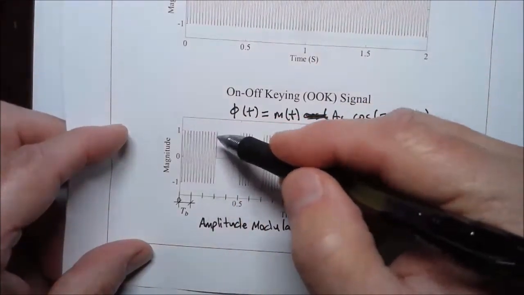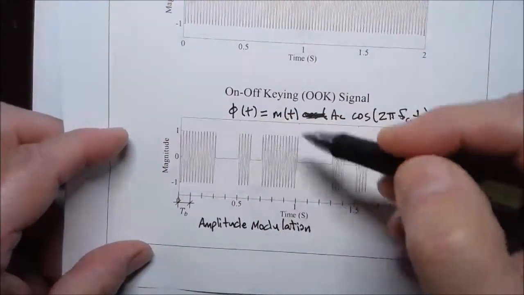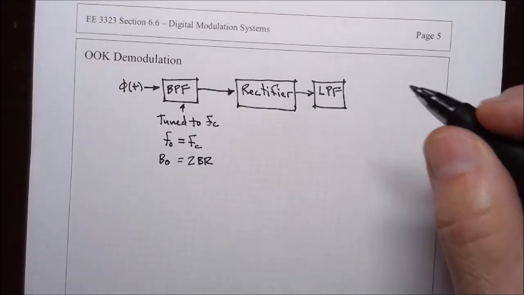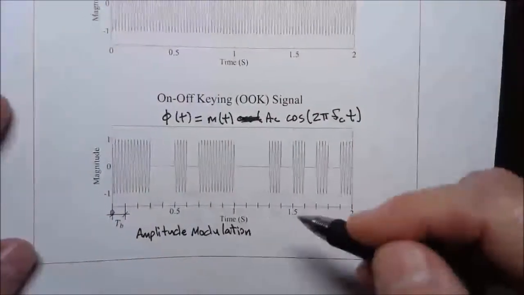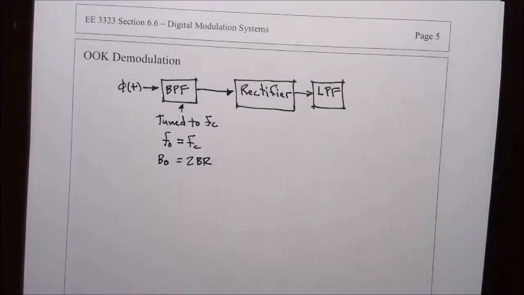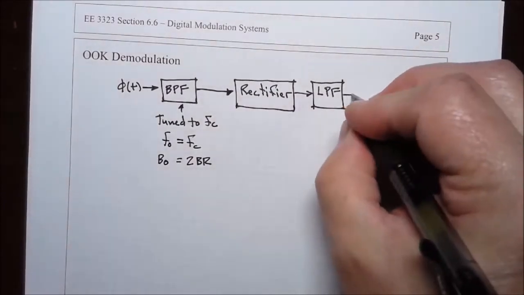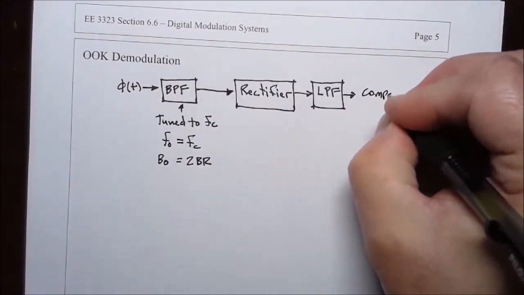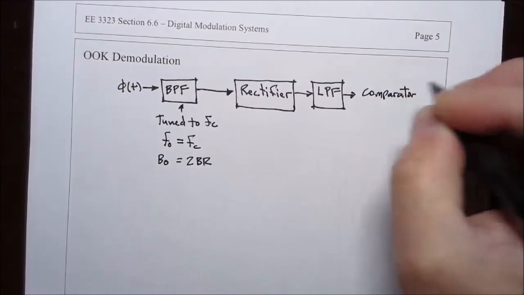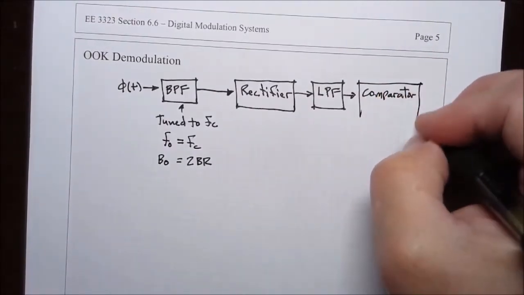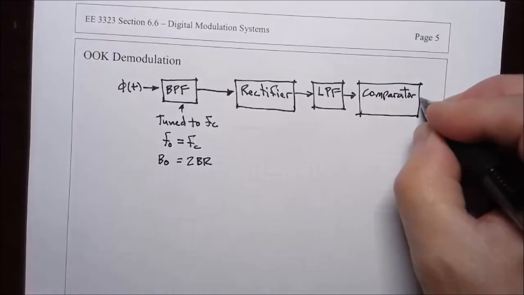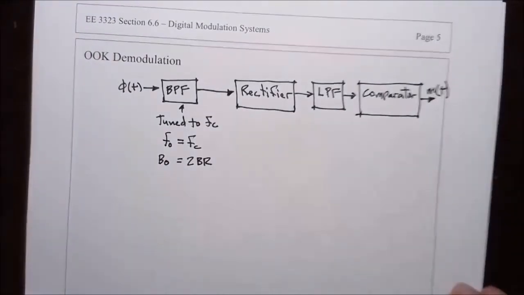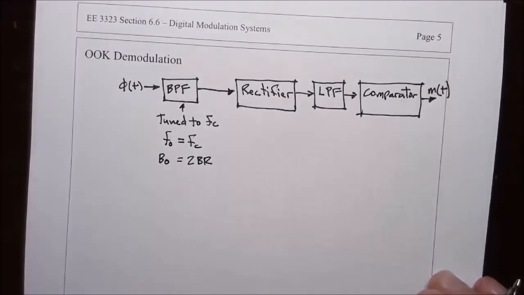The low pass filter will filter out all of the high frequency wiggles, and we don't need to worry about a DC offset since our binary signal has a DC offset, but perhaps a comparator circuit to square up the signal, and what will then be retrieved is our binary message signal.